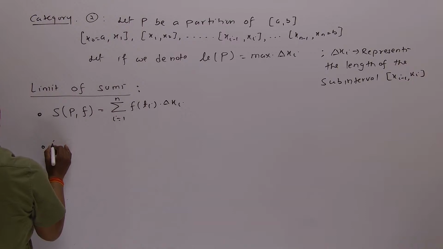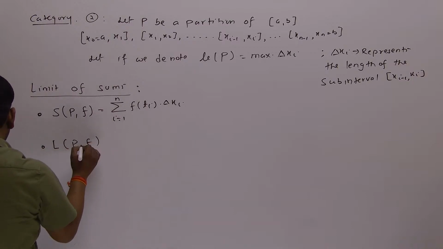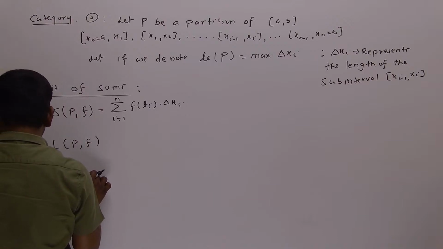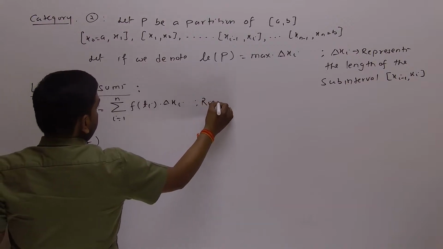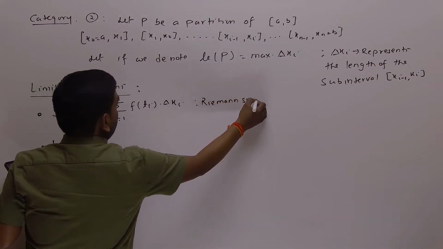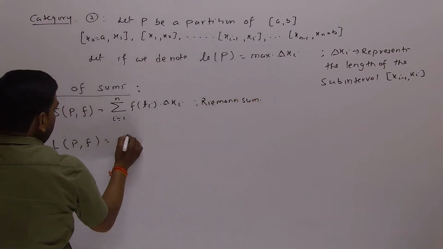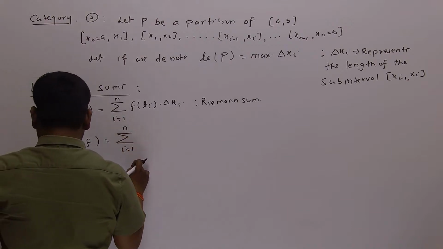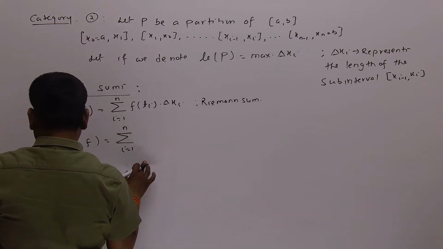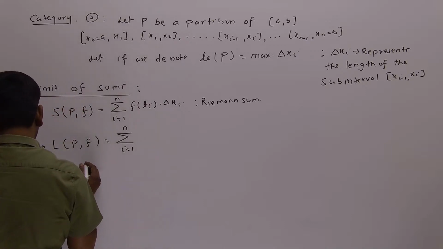And the other thing is LPF. That is called the Riemann sum. LPF you denote by i going from 1 to n, the same thing which we have done in the previous representation.